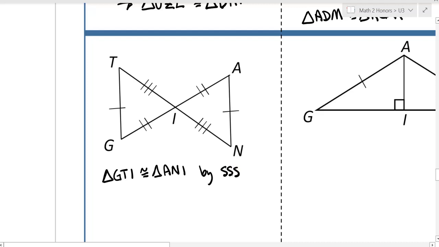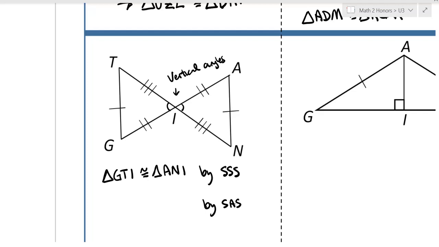If we wanted to, we could say we have vertical angles here, so then you can also say it's by side angle side. You can't say side side angle because that one doesn't work. So those would be our options.